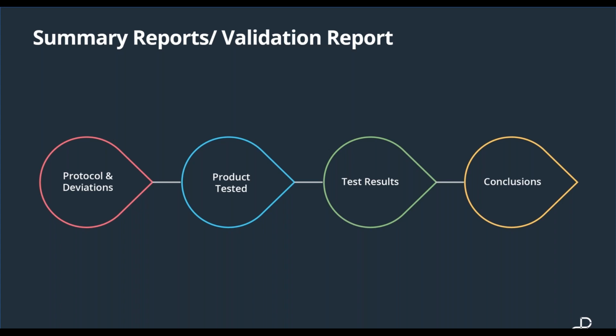The results from the test should be included, but also the location of any raw data and any post-test analysis that have been carried out. And then those conclusions as to the safety and effectiveness should include the acceptance criteria as well.